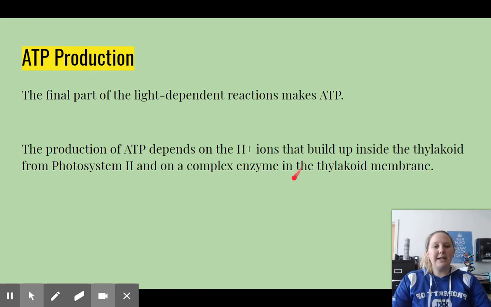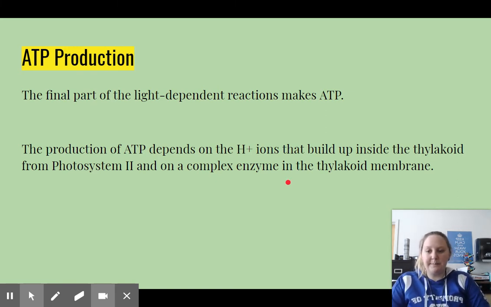The last part of the light-dependent reaction is the production of ATP. The production of ATP depends on the hydrogen ions that have built up across the membrane, which will now diffuse back through the membrane through passive transport in order to make ATP.